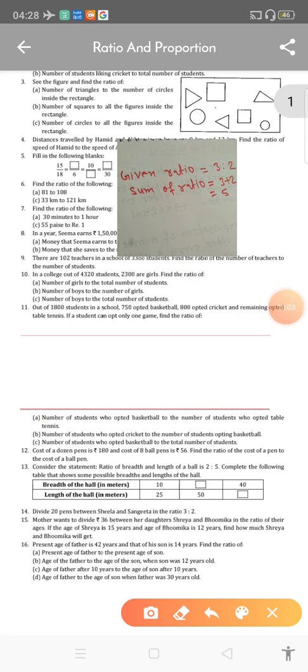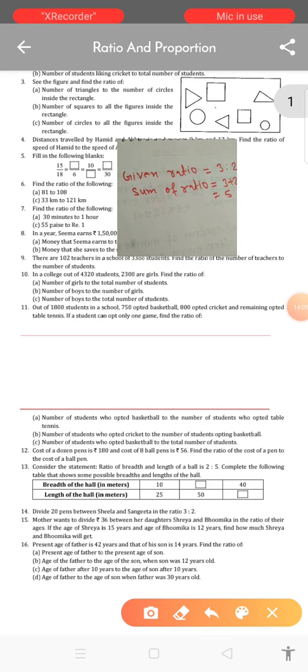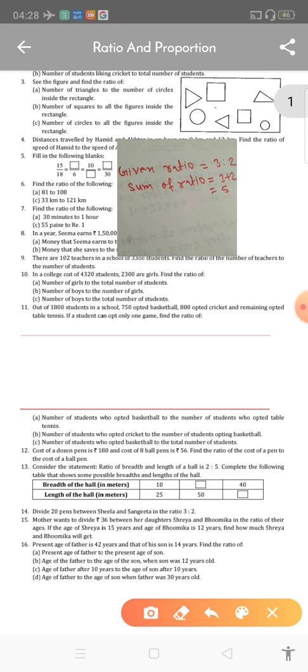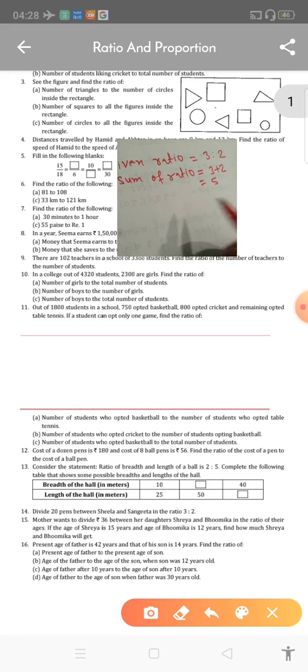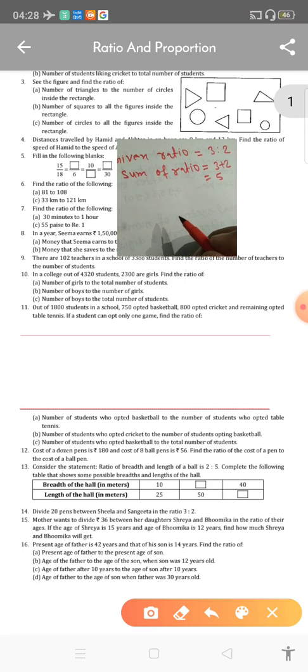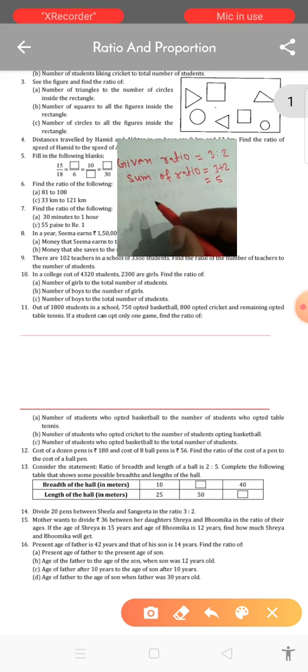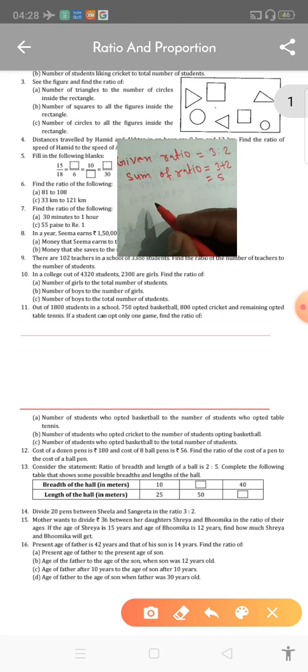Now, student, in the next question, number 14, it is given: divide 20 pens between Sheila and Sangeeta in the ratio 3:2. So this is the given ratio 3:2, and the total number of pens is 20.